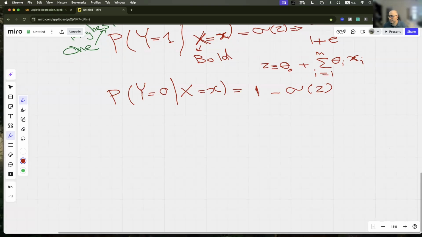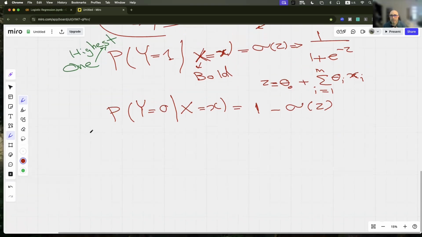Okay, so we have an assumption here that all the samples that we have are independent.